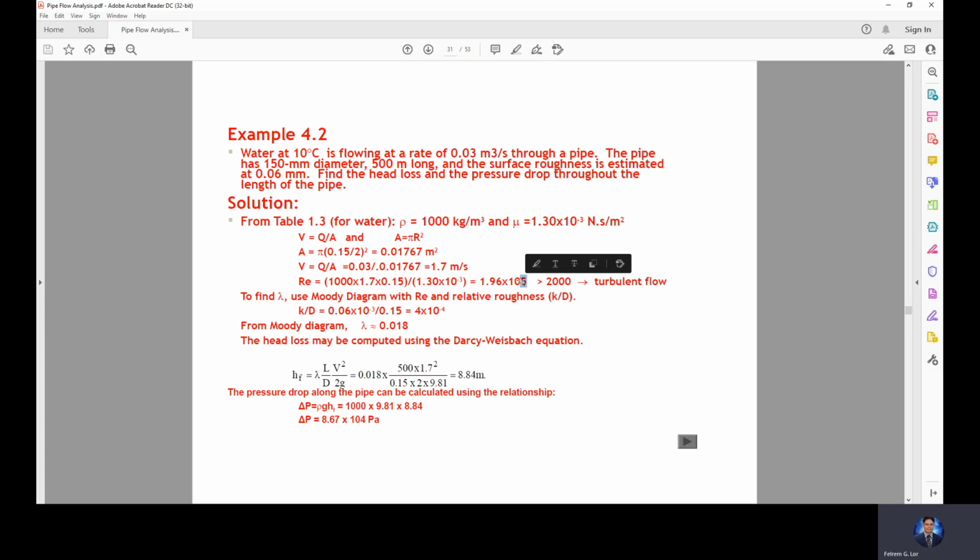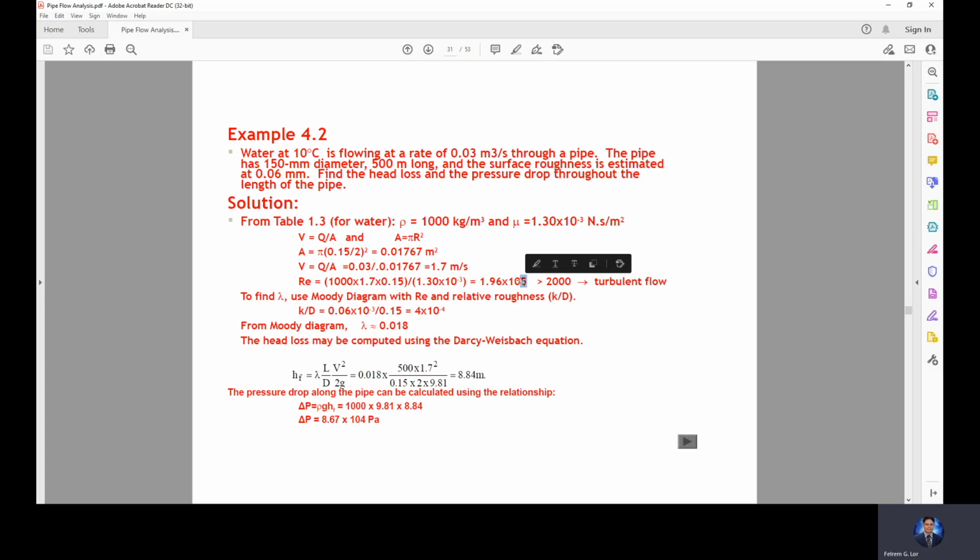Since the friction coefficient is not given, we can use the Moody diagram.